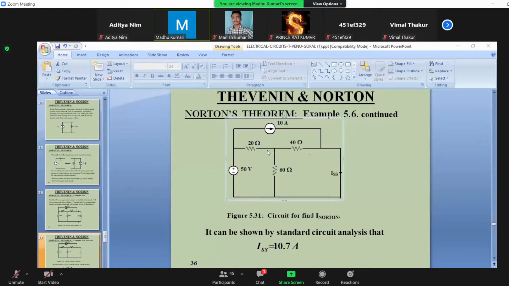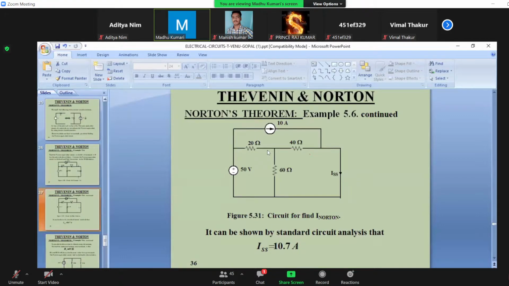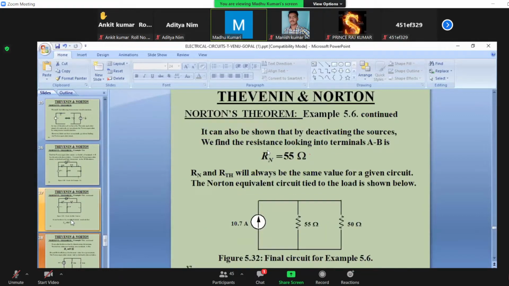Okay. Now go through this. I_SC is calculated. That is I_N. And now calculate R_N. What will be the value of R_N? R_N is found with the current source open circuited and the voltage source short circuited.